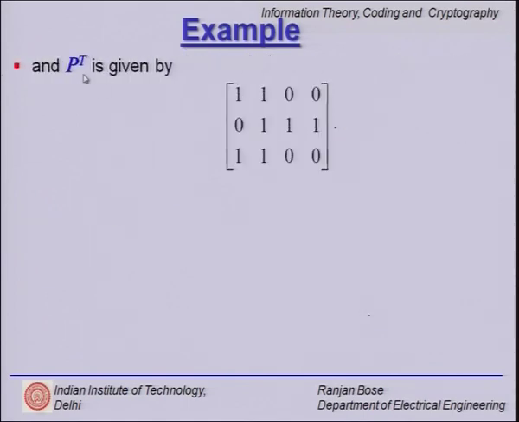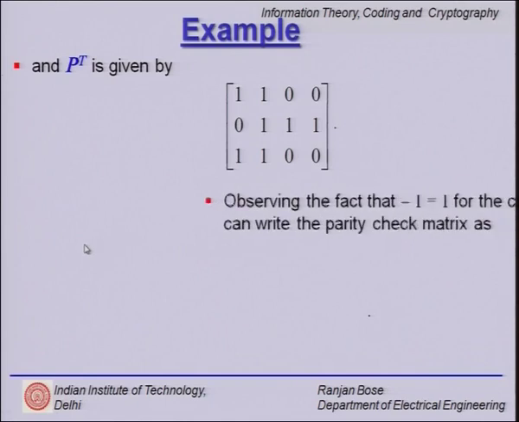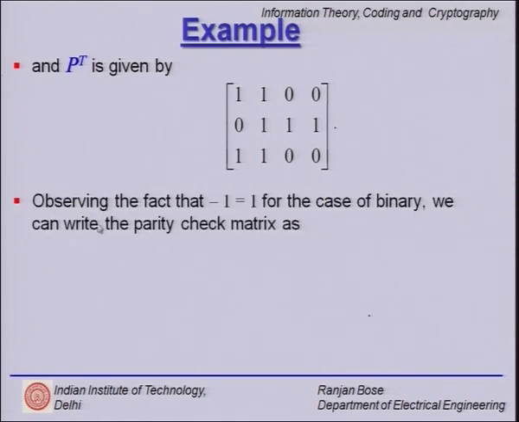Now to get the P transpose, just tip it over and we now have a 3 cross 4 P transpose matrix. Now we have to put a negative sign, but we are working with binary codes. Binary means 1 plus 1 is 0, so minus 1 is 1, minus is plus, so minus P transpose is nothing but P transpose. So we have already got that.